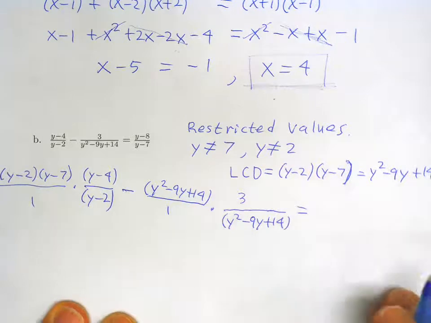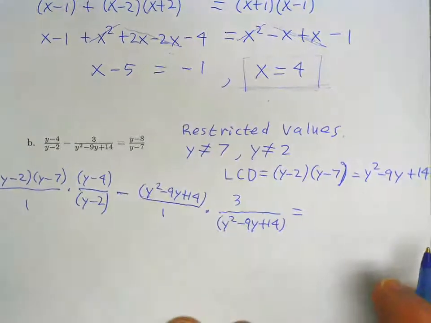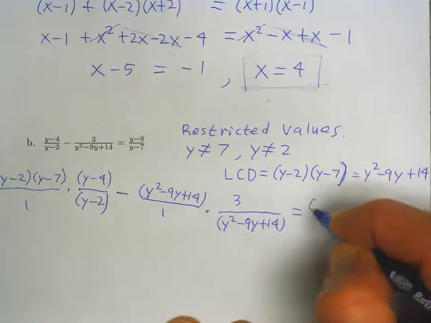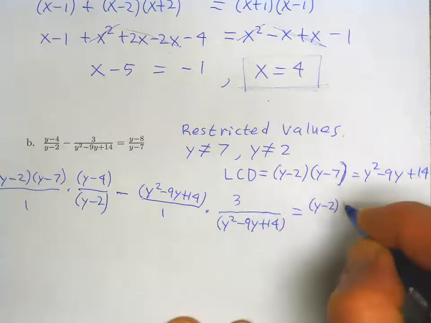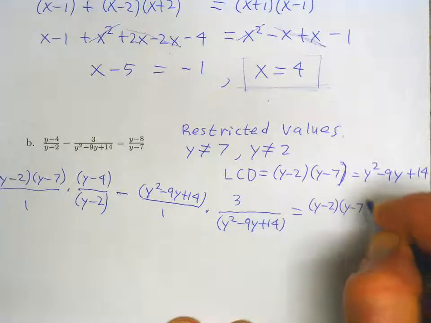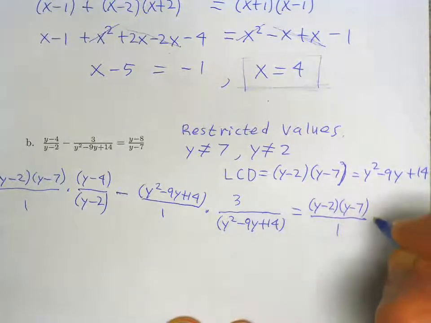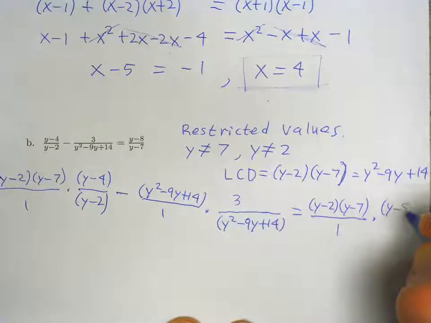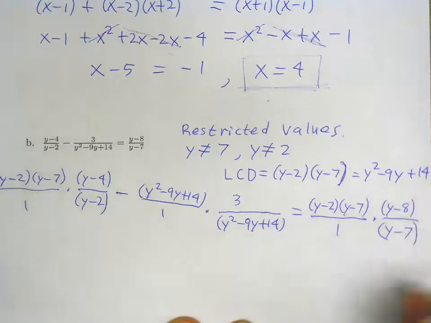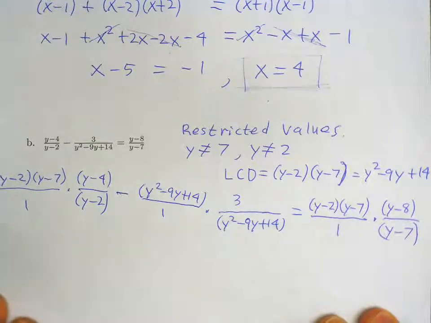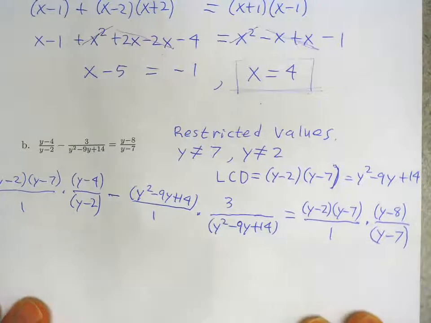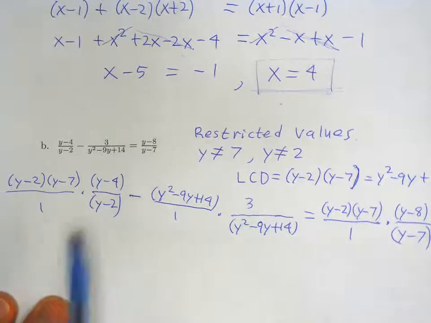And then on the right-hand side, we'll use the factored form of the least common denominator, y minus 2 times y minus 7 over 1 times y minus 8 over y minus 7. Okay, it looks worse before it gets better, but we'll proceed.